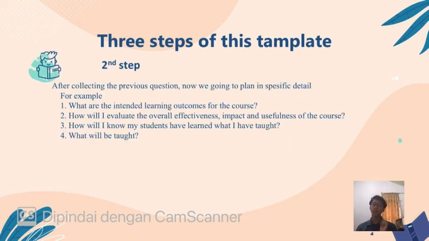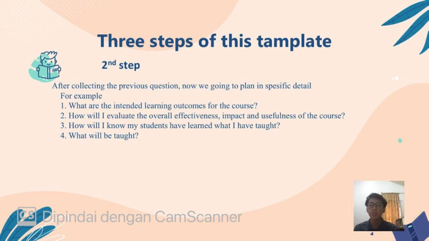Well, after collecting the previous information, now we are going to the second step. The second step here focuses on the specific details. Let's see the example here. The first question, what are the intended learning outcomes for the course? This means the teacher will identify the outcomes of their course for the students.